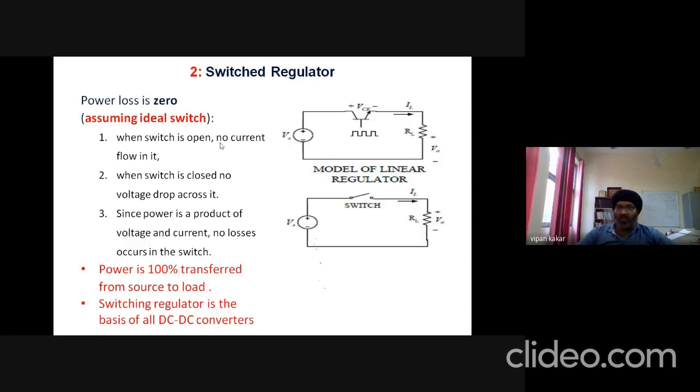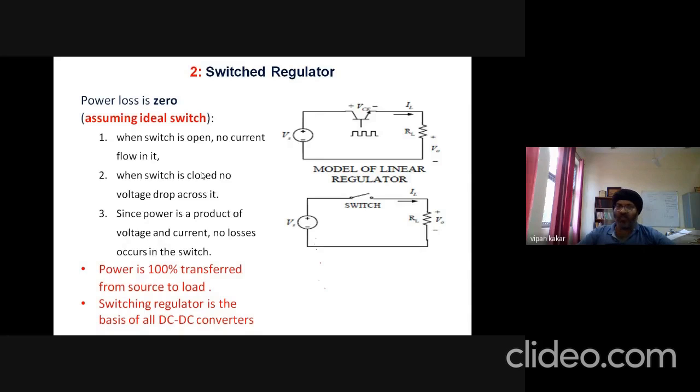Just before we continue further, here I'm mentioning the state of this switch as open, meaning off, or closed, which is on. So this switch is working in two modes only, off mode and on mode. Off mode is called the cutoff region, on is called the saturation region.